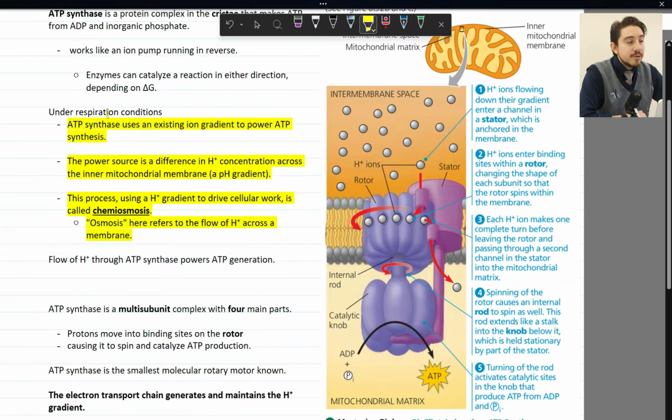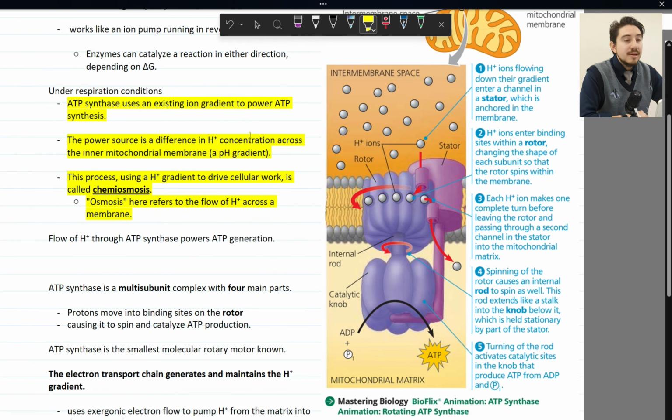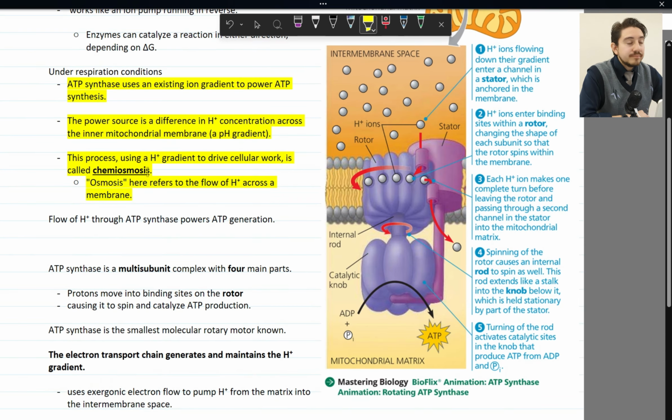So under respiration conditions, ATP synthase uses this ion gradient to power ATP synthesis. More specifically, this hydrogen ion gradient. The power source is a difference in hydrogen ion concentration between these two spaces here.